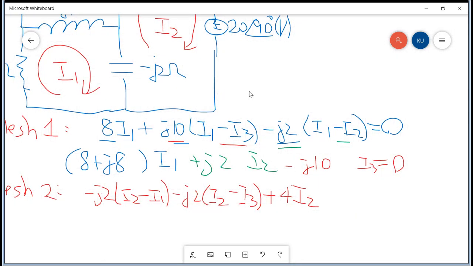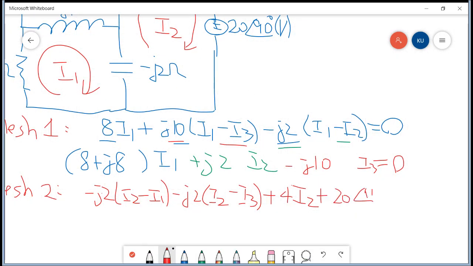So we have plus 20 at 90 degree equals 0. So this is the second mesh equation.